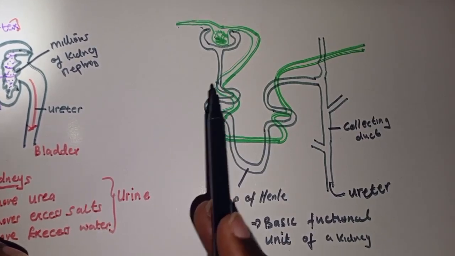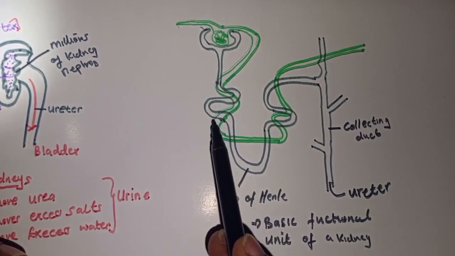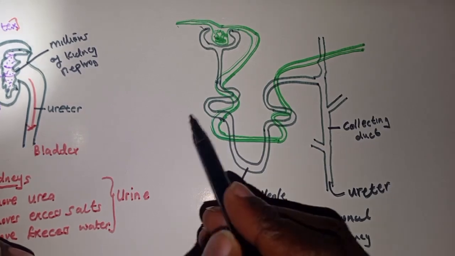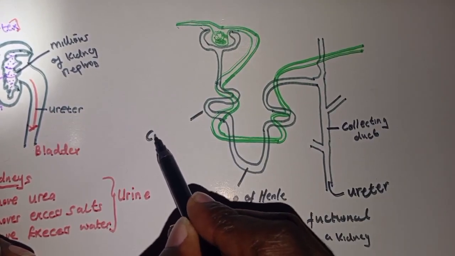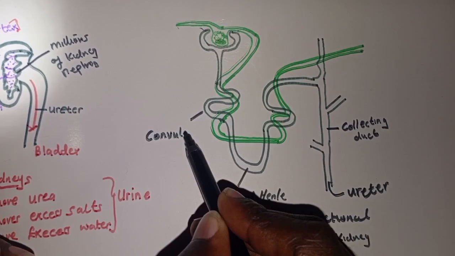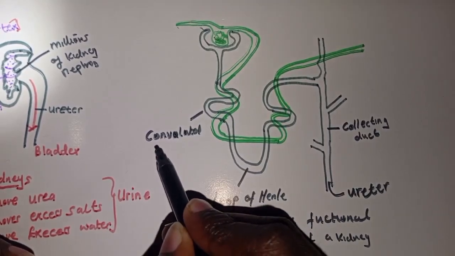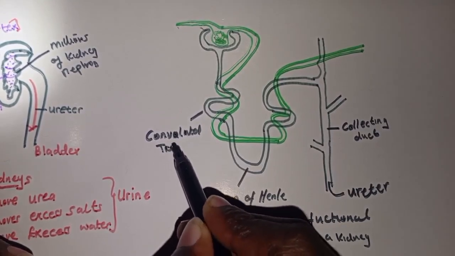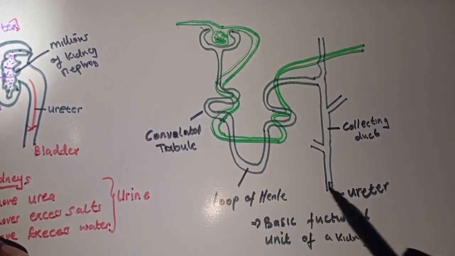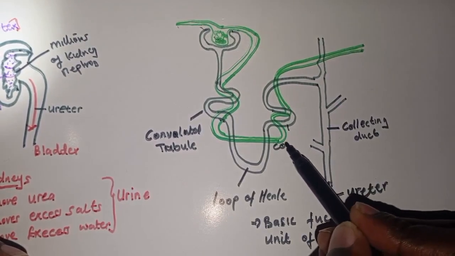In medicine and in biology, we say it is convoluted. So this part is convoluted. We call it the convoluted tube. Also, this part is a convoluted tube.